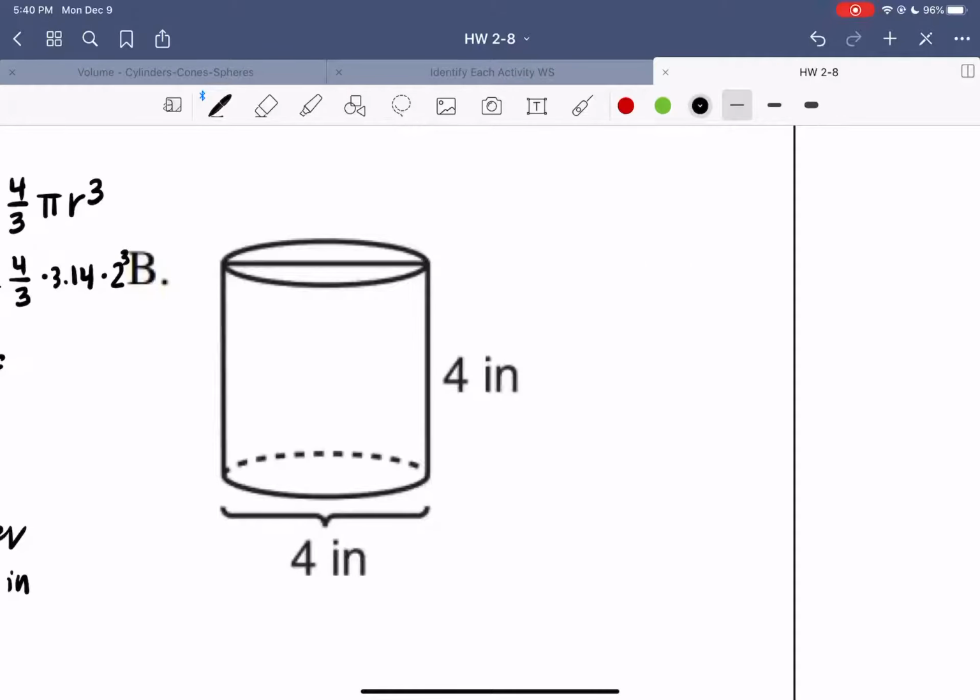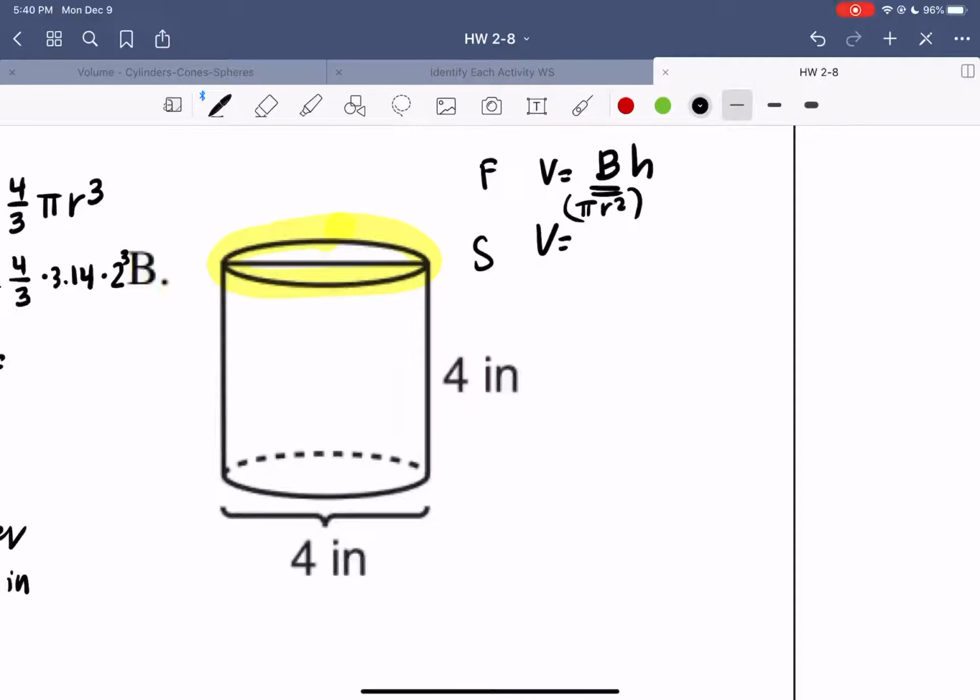Over here, we have our formula. V equals, for a cylinder, capital BH. For our substitution, V equals, once again, our base is a circle. B being the area of the base, we're going to have pi r squared in there for that.